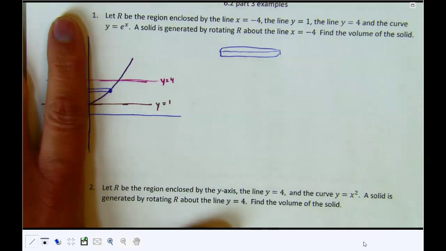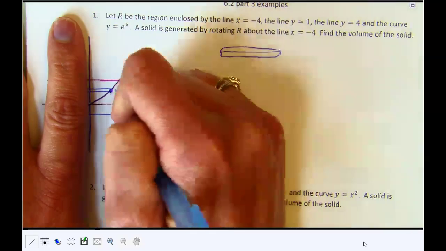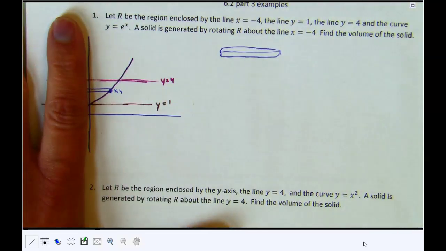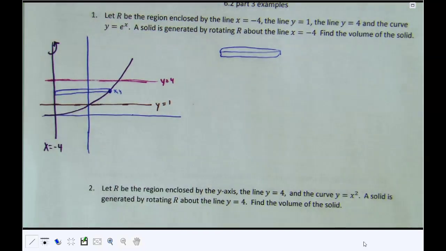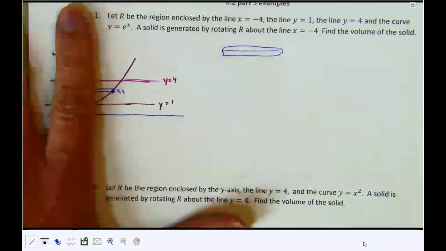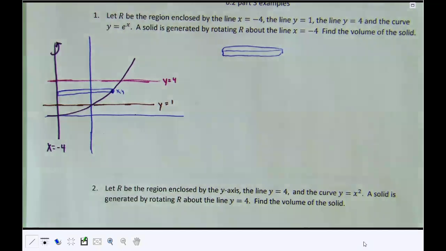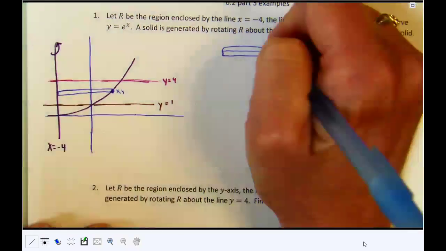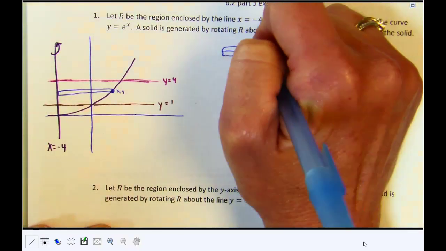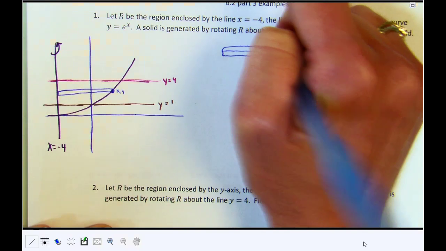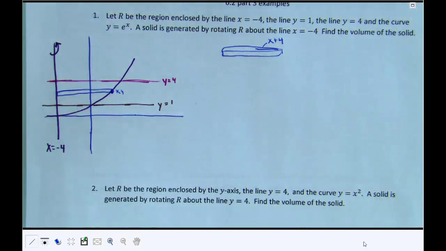It would be x, because we know this is the point x comma y, the radius is x. It's not x minus 4, it's x plus 4. It's bigger. We're adding 4 to that radius. So up here, this is x plus 4. That's our radius.